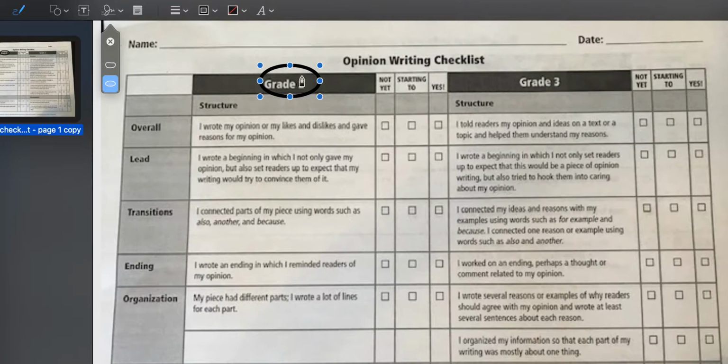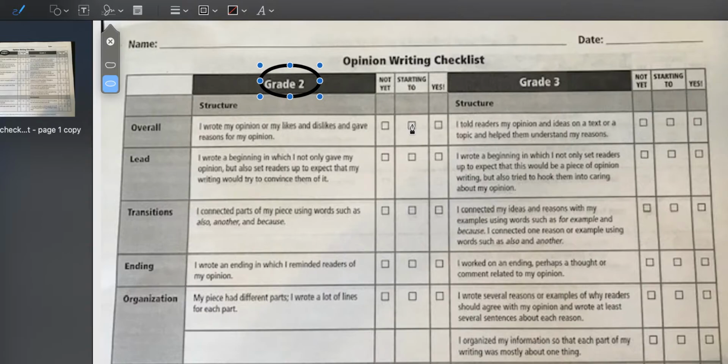Okay, so what you want to do is look at each descriptor. So this one says, I wrote my opinion or my likes and dislikes and gave reasons for my opinion. If you don't think you're quite there, then you would mark not yet. If you think, hey, I had some glimmers of that in my writing, then you would check starting to.